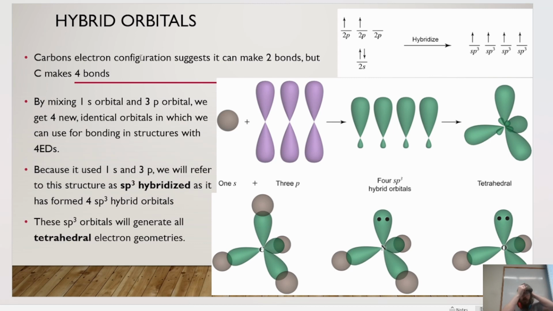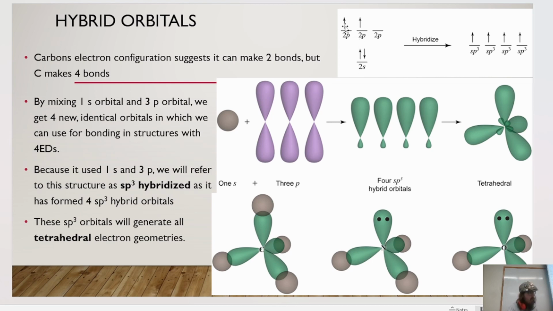Our carbon's electron configuration, right here in the upper quadrant, shows we only have two unpaired electrons. If we need unpaired electrons to make bonds, it should only be able to make 2 bonds. However, we know based on our Lewis structures that it makes 4 bonds.